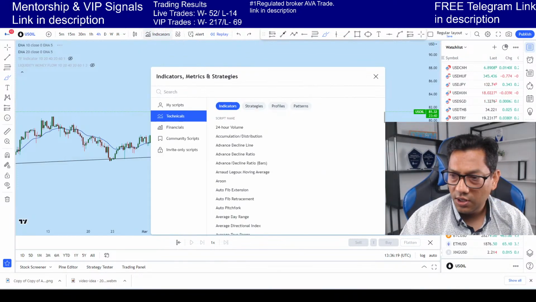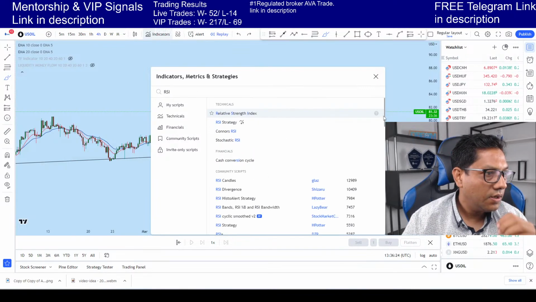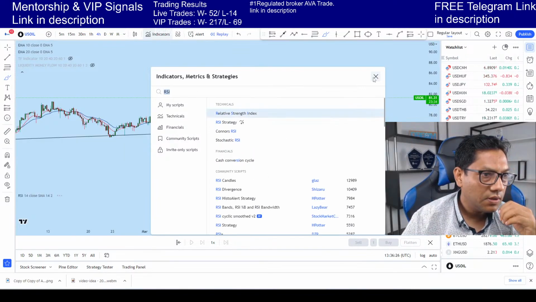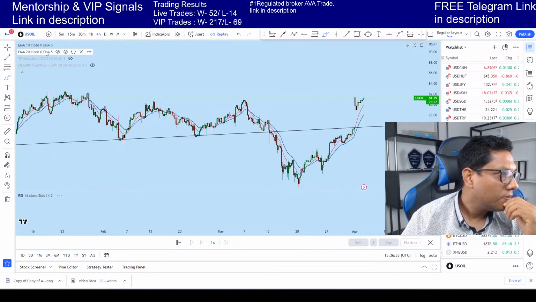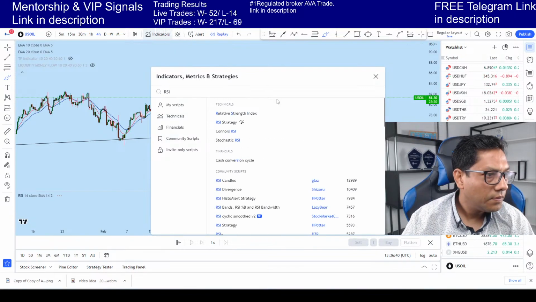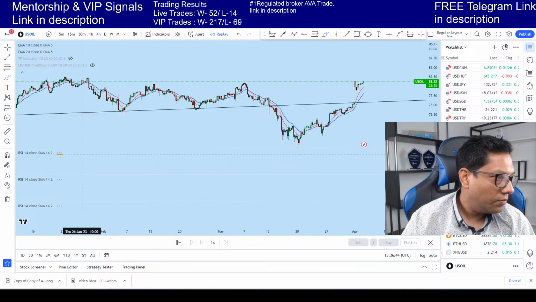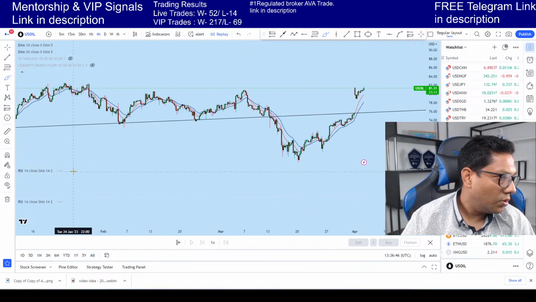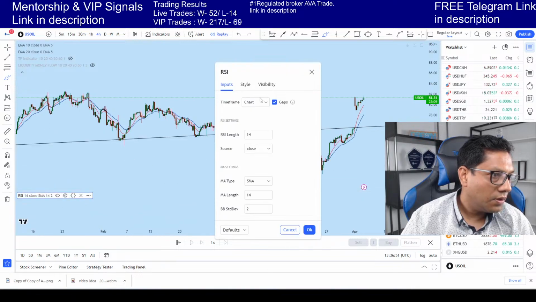How many of you really use RSI, the relative strength index? So I don't plot that in my chart.